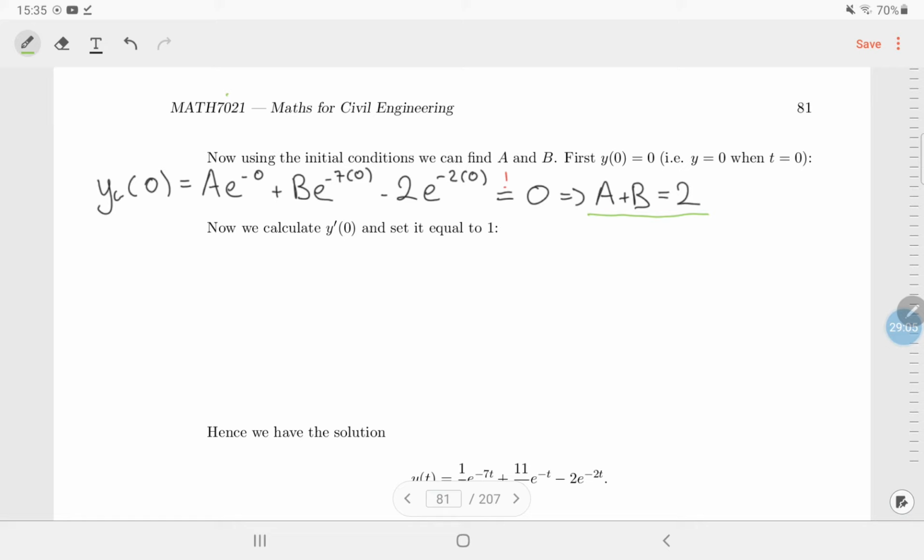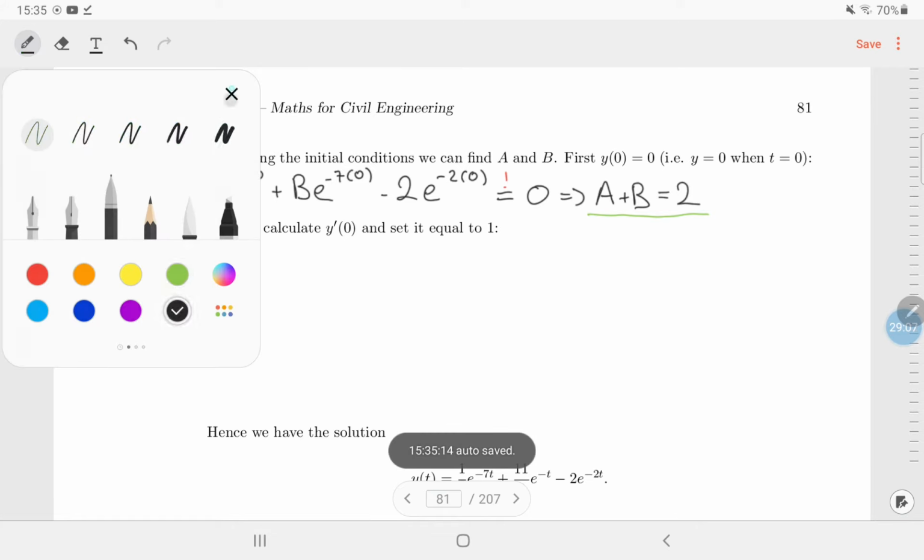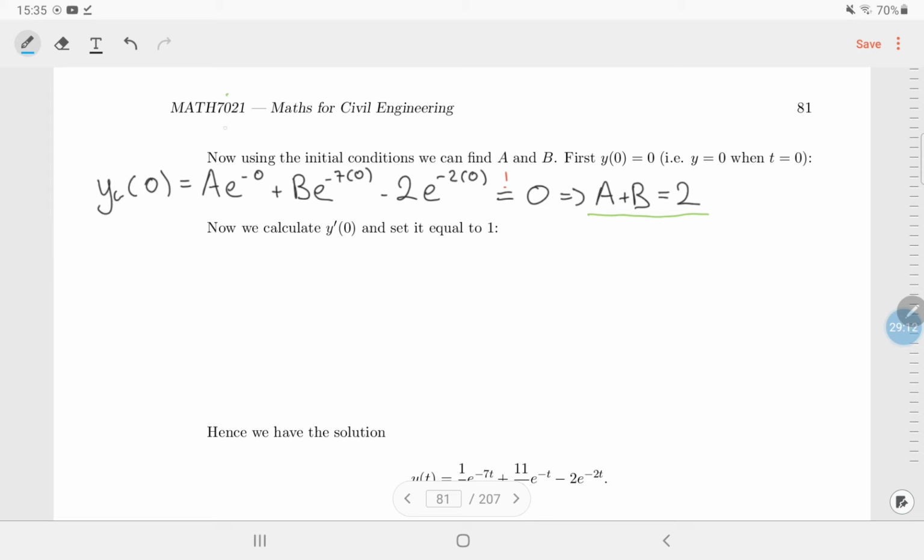And now I'm going to calculate the first derivative of the general solution. I should probably write the general solution up the top here so we have it. The general solution is a e to the minus t plus b e to the minus 7t minus 2 e to the minus 2t. I'm going to differentiate that now.